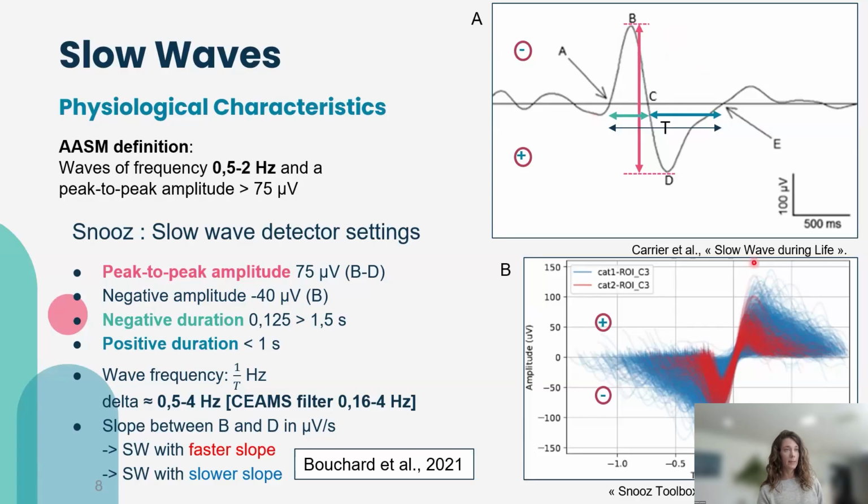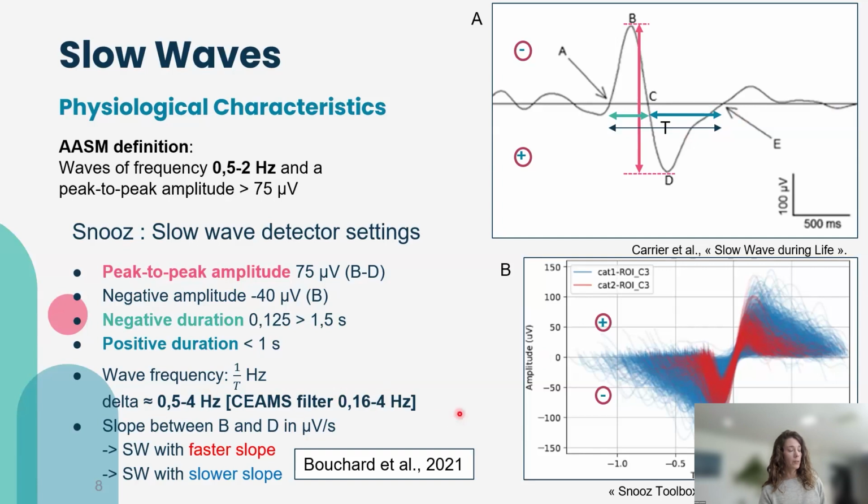Note that the polarity here is inverted, so the signal is displayed upside down with the positive down. The negative duration has to be between 0.3 and 1.5 seconds and the positive duration less than 1 second. It's illustrated here. The frequency of the wave is simply the inverse of its duration, because there's only one cycle.